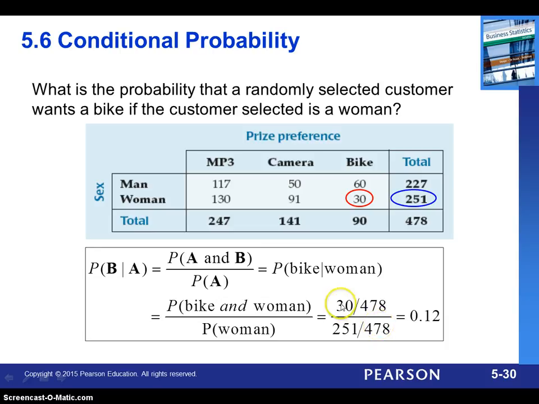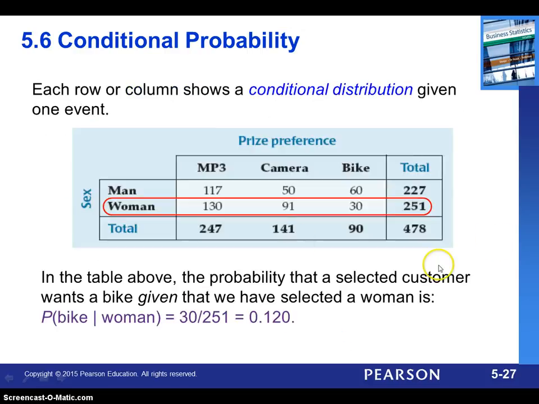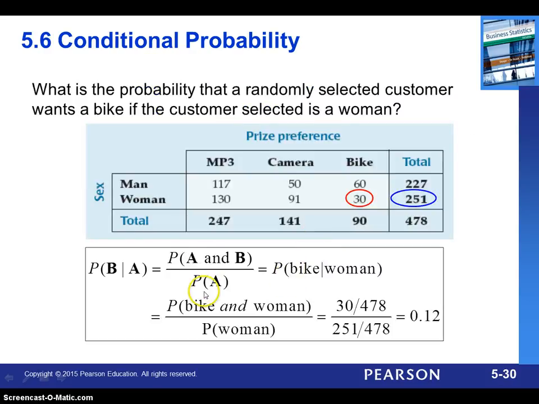If I divide by 478, these actually cancel, and the probability is just 30 out of 251, which is what we saw before. We can get it this way from the table if we think about it, or we can use the formula, and the formula helps guide us so we don't have to think too hard about it and make sure we get the right divisions.